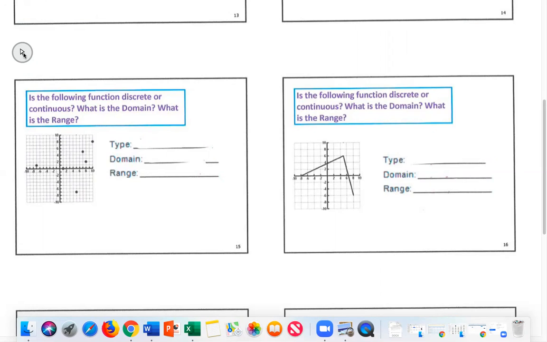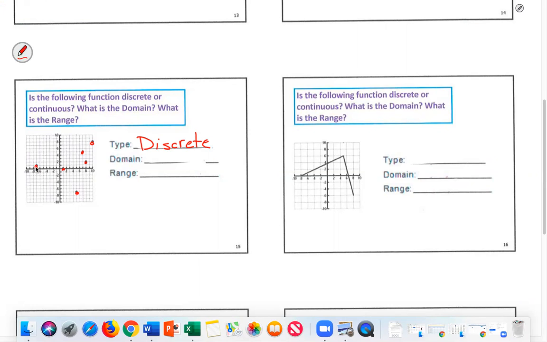So when we're talking about something being discrete, if we look at this example here on the left, notice we have all of these dots, okay? These dots are going to make this one discrete because it's disjunct, all right? And the domain here, if we just look at our x values, so what do I mean by that?